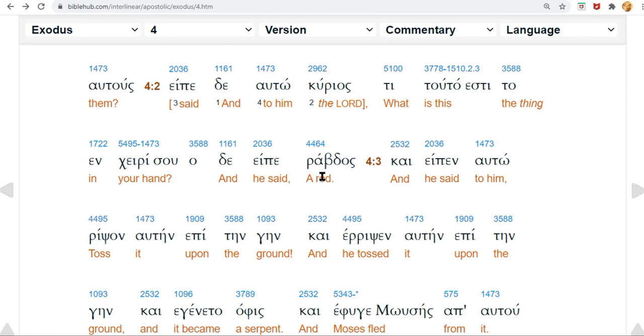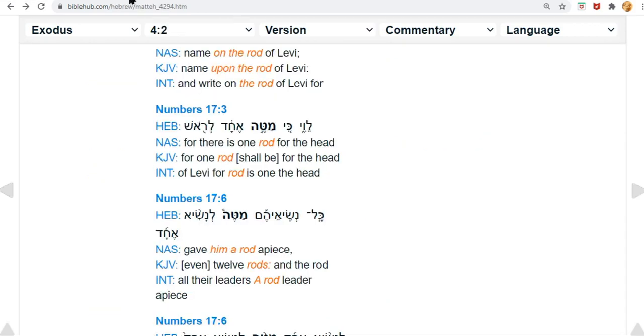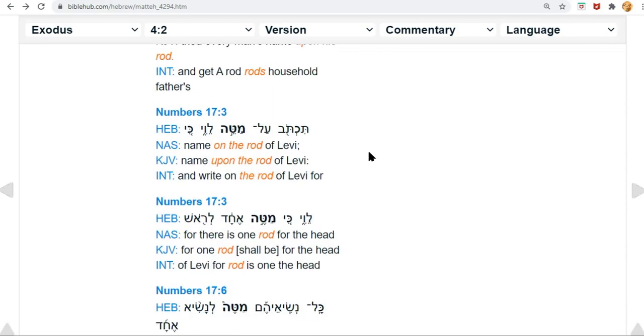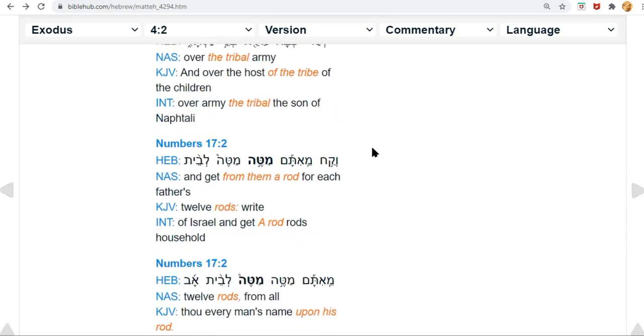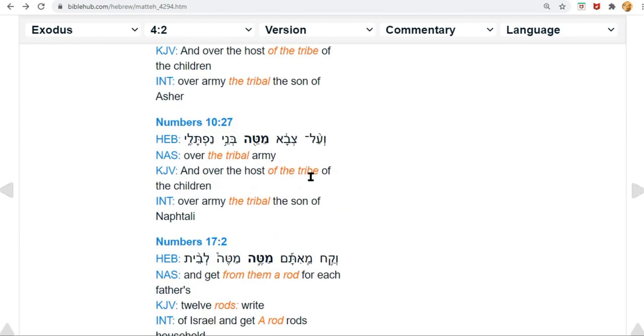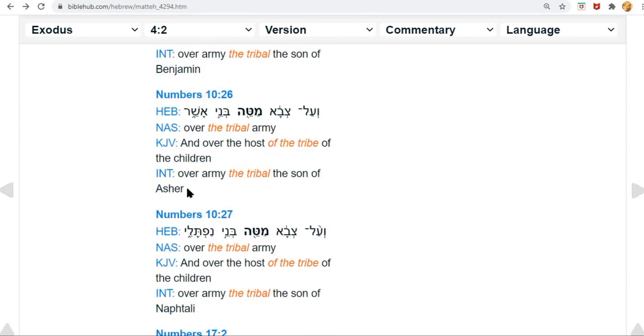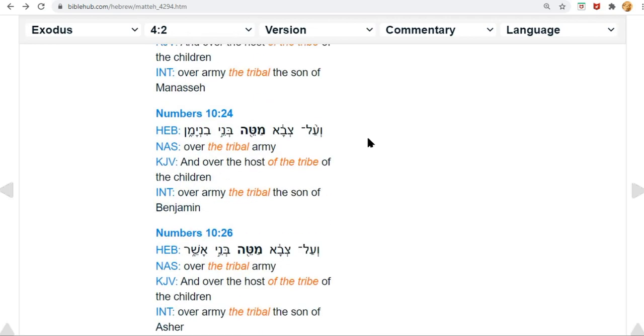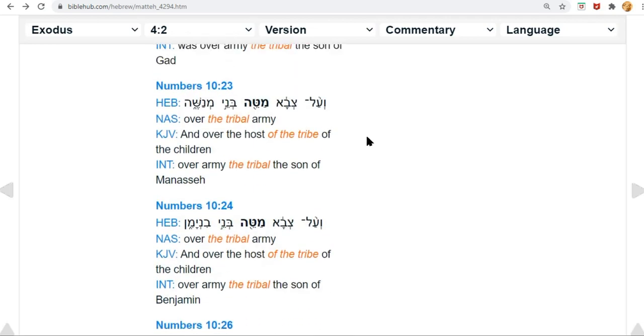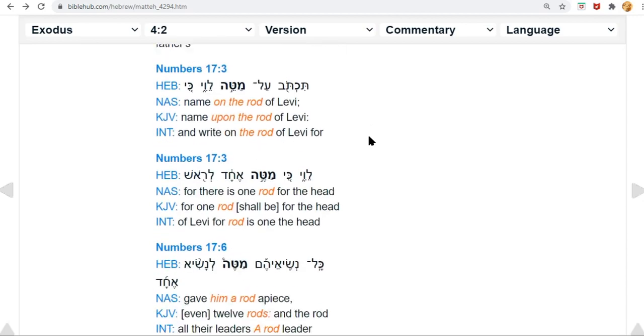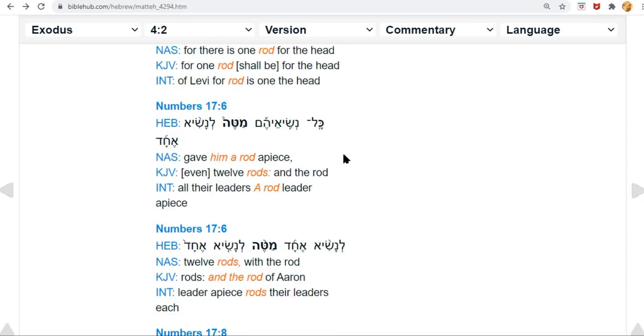And I recognized that word math from before, and it's usually when they're talking about the tribes. It was given the name of tribes. The math was the tribes, the 12 tribes of Israel. So it's split up. It could be a tribe or it could be your rod.